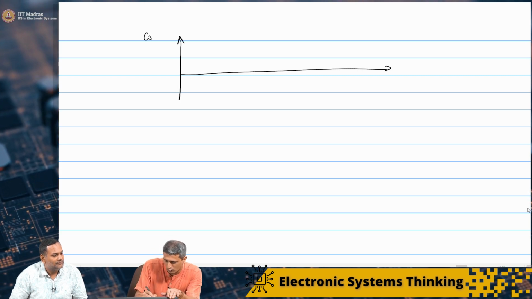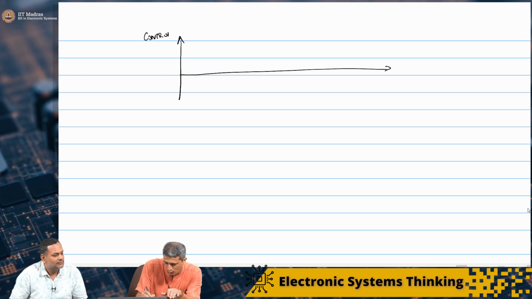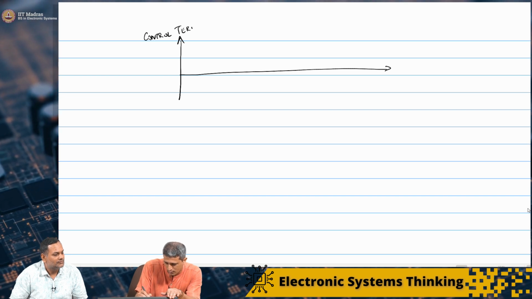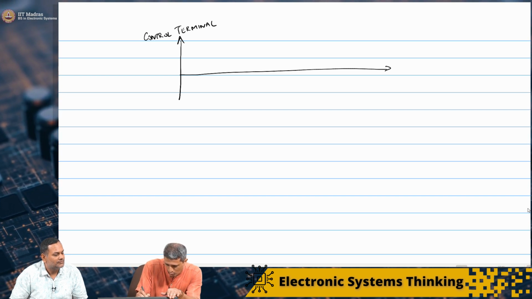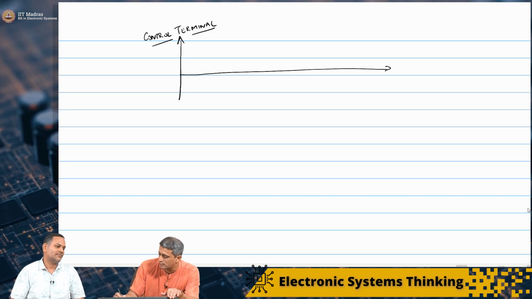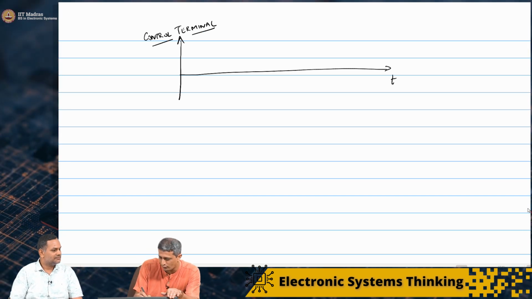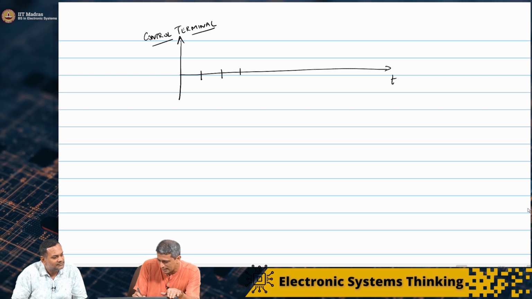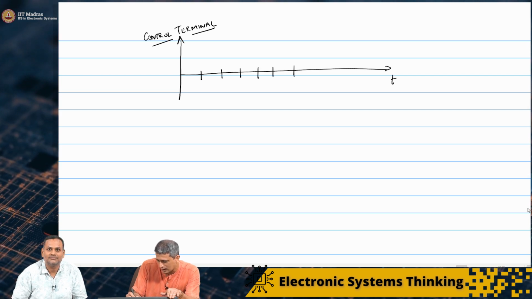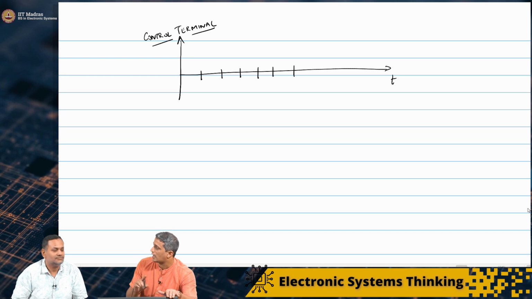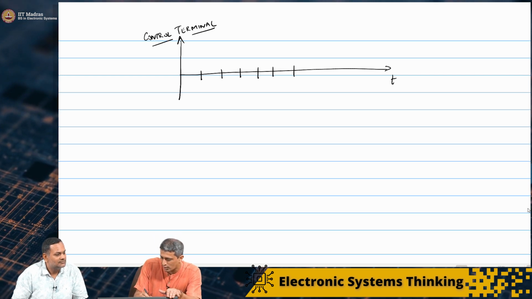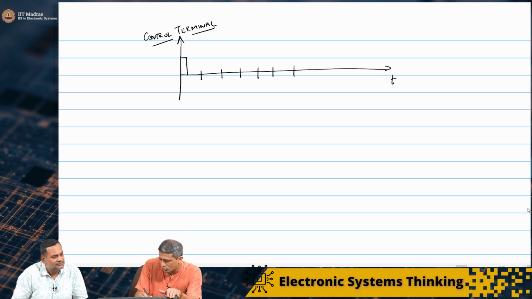This is the control terminal, which decides if the switch is on or off. We are going to sample at Ts, assuming that R into C is much smaller. So the control circuit will look something like this.